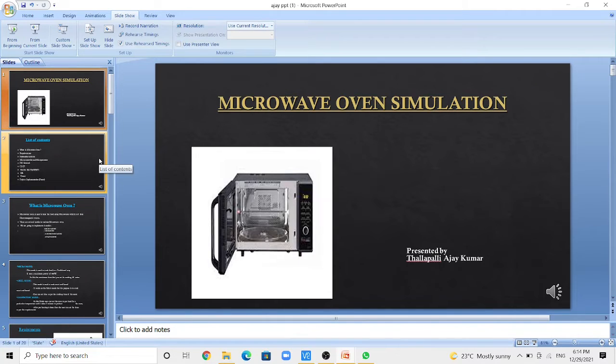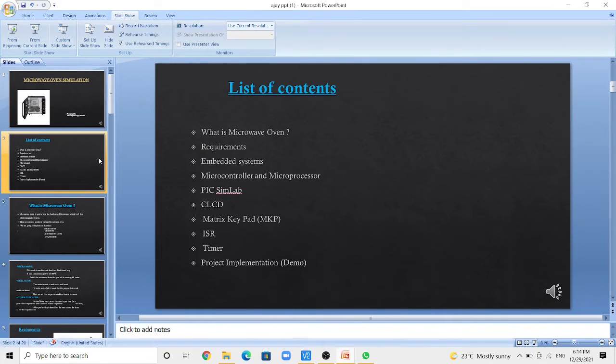Here I will explain different things related to the design of a microwave oven. Using these contents, we can easily understand how to design a microwave oven. First of all, you must know what a microwave oven is and what its functionality is.